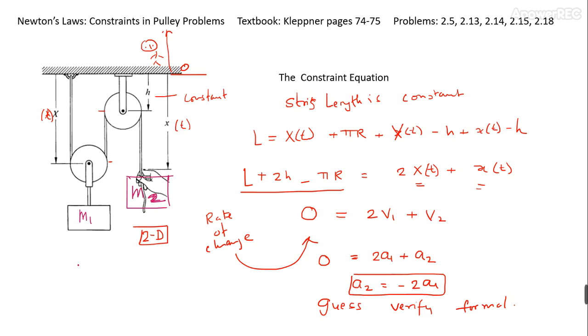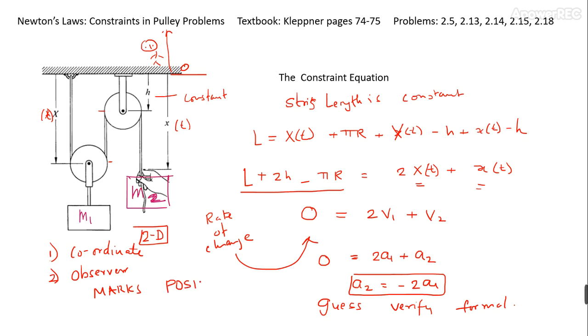So let us quickly go through the steps of the formal method. You have a coordinate system which is inertial, and I highlight the second step, which is that the observer marks position.